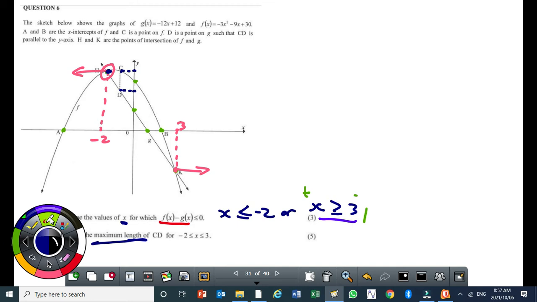So, if I want to find the length of CD, remember, CD is a vertical distance. Point C, the y value, is a quadratic, equal to f of x. Point D, the y value, is equal to g of x. Remember, f of x is y, g of x is y.